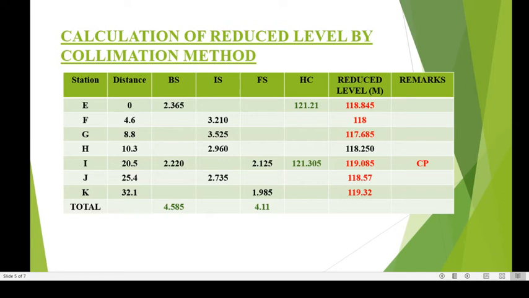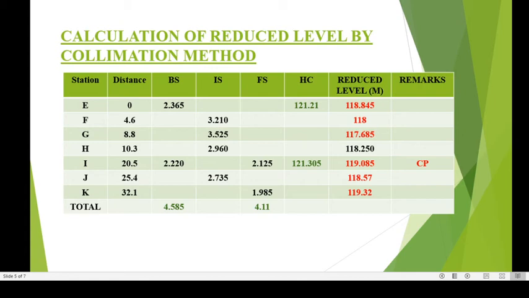For calculating the reduced levels of the other stations, we first need to calculate the height of collimation value at this station E, which is the benchmark. So we will add 2.960 to 118.250. We get the height of collimation value as 121.21.